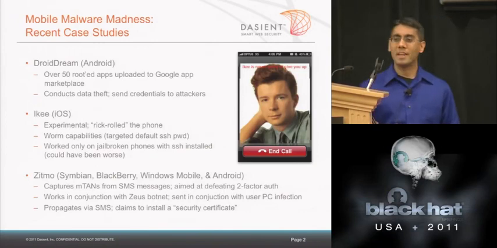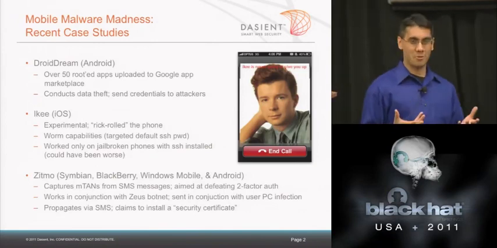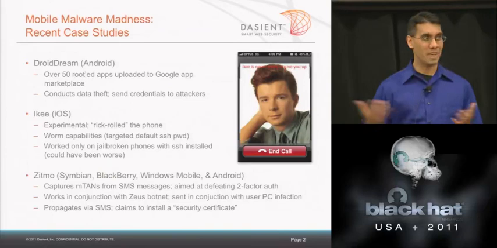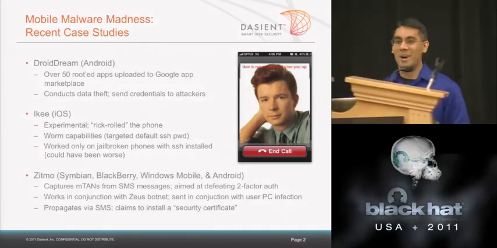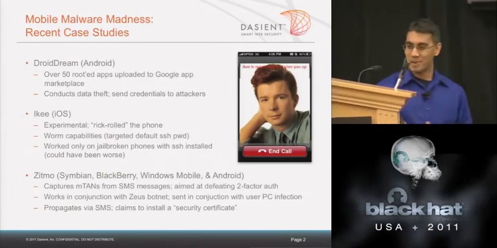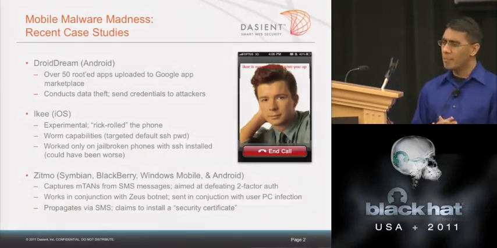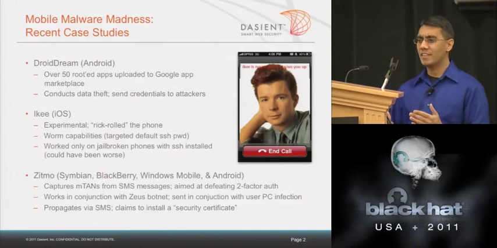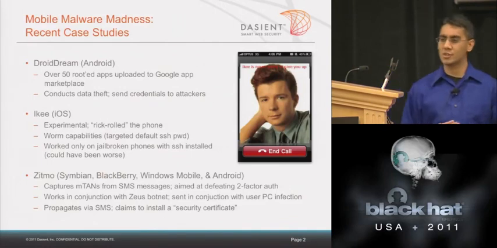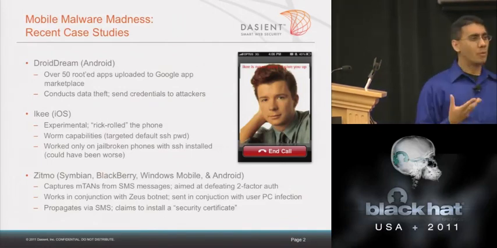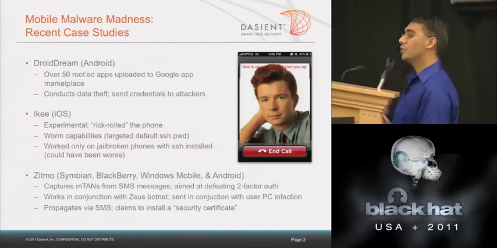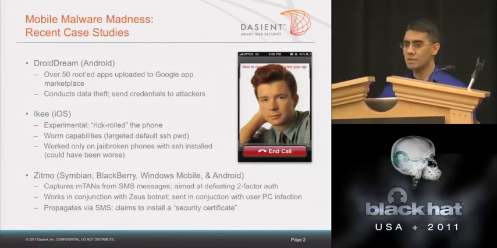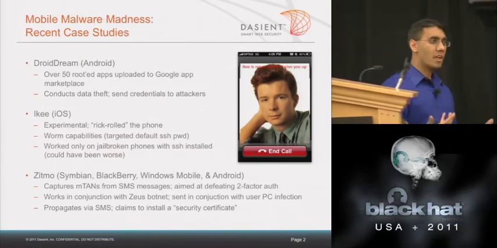Once it infected a phone, it would rickroll the phone and change the wallpaper to a picture of Rick Astley, as you see here, as has happened in many other types of attacks. But there were various versions of Ikee. They did increasingly sophisticated things. The malware would connect to a bot master. The malware would spread to other phones in a worm-like fashion.